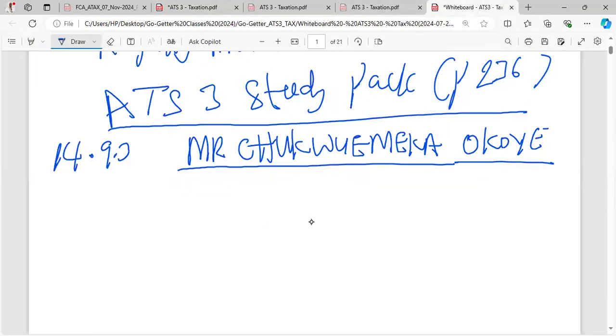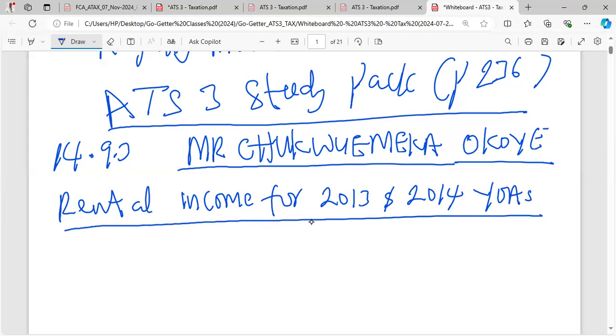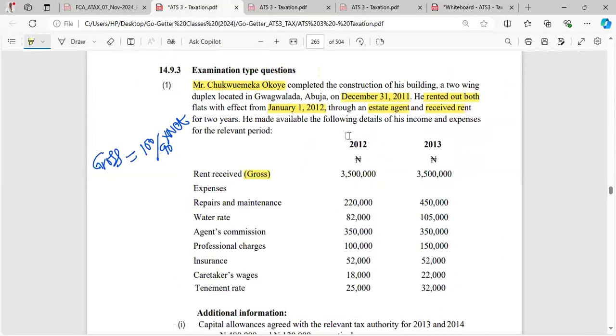So you say rental income for 2013 and 2014 years of assessment. Why is it 2013 and 2014? He received rent for 2 years, 2012 and 2013. The one of 2012 is 2013 payable. The one of 2013 is 2014.